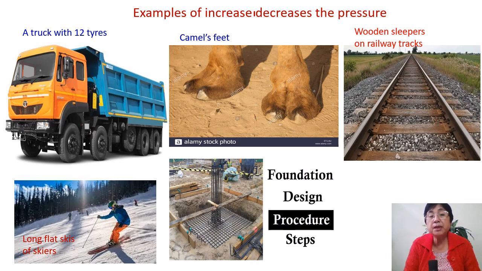By placing the wooden slippers within short range from one another, you are making the area of contact of these rails to the ground more. So by spreading these wooden slippers, we make the railway track have a huge area of contact with the ground, resulting in the rails not sinking in, so the train can run easily on these tracks. So these are a few examples of how an increase in area decreases the pressure.